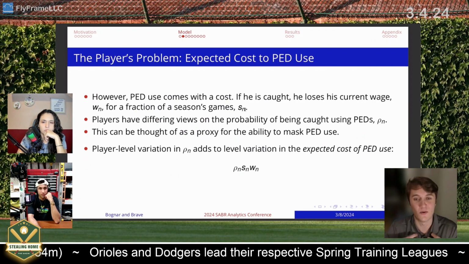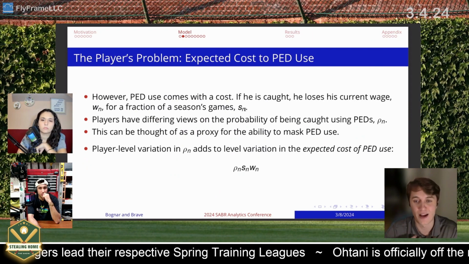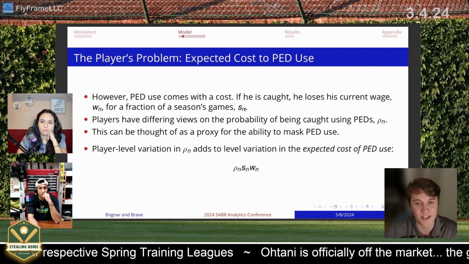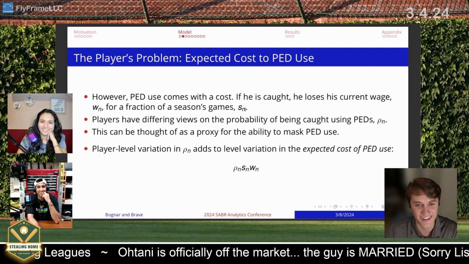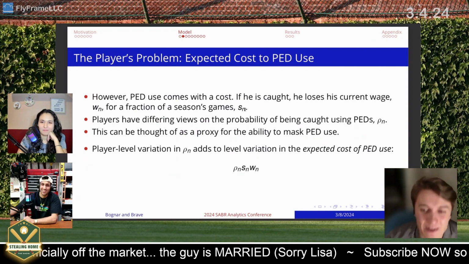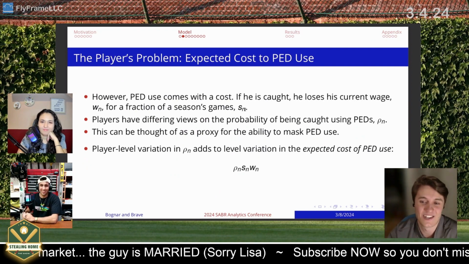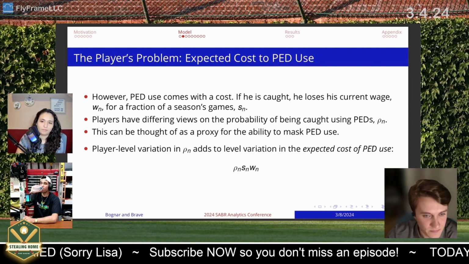My personal views on the probability of my getting suspended if I utilize PEDs would probably be very different compared to Ant's views on his likelihood of being suspended for using PEDs. We capture these differences through this rho term.